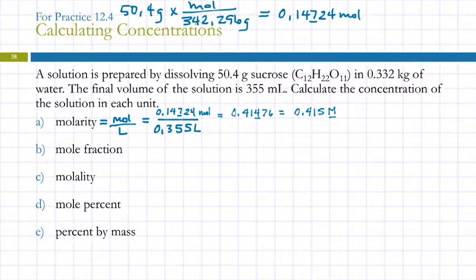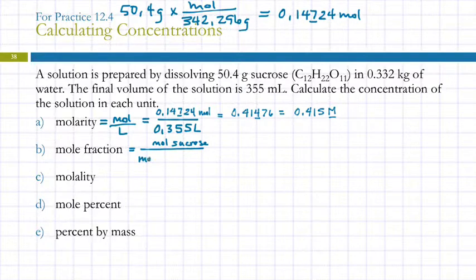So mole fraction. What is mole fraction? It's moles of something over moles of something. Mole fraction is like a percent, it's just not multiplied by 100. It's the part over the whole, but in moles. So we need moles of sucrose over total number of moles.